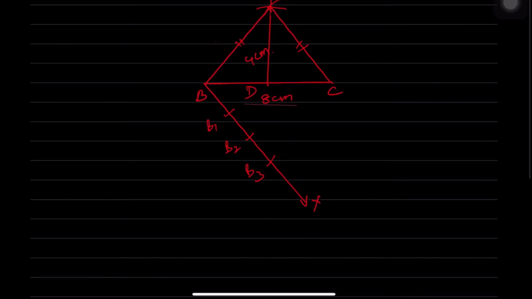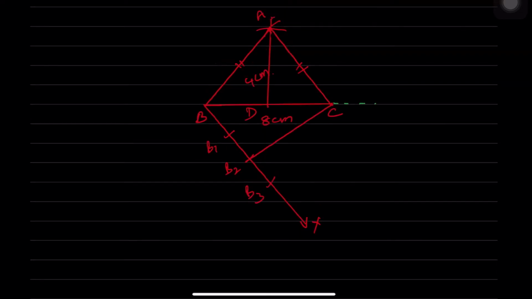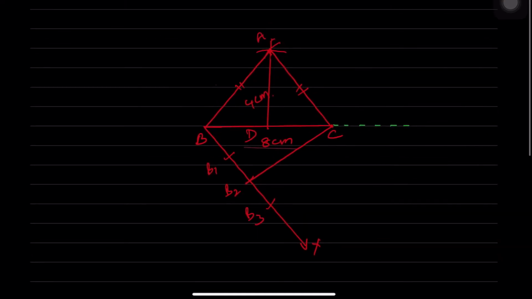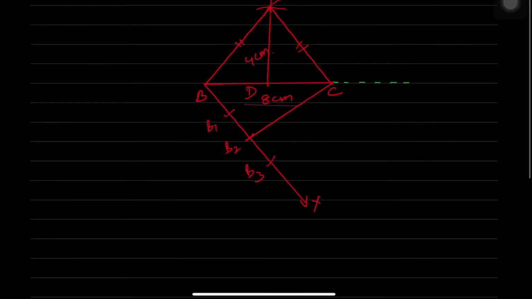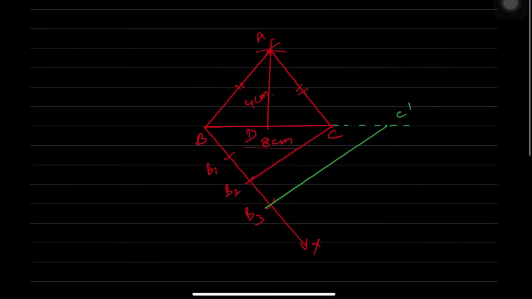Now join B2 to C. Now we draw a line which is parallel to B2C. So we get one more line, B3C dash, which is parallel to B2C. Now this is C dash. Now we extend even this line over here. BA is also extended.